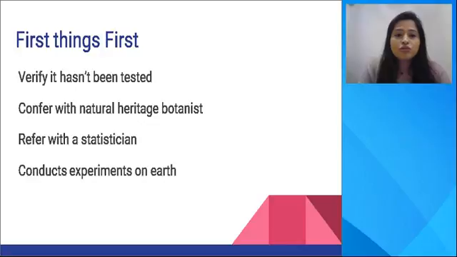Then we're going to confer with a statistician, who deals with the experiment of population of plants, how long it takes to grow them, how long they last, and anything of that nature.